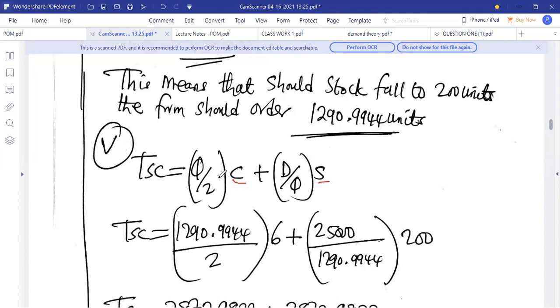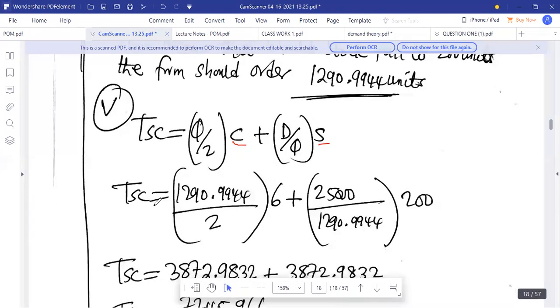The first part is annual carrying cost. Then the second one is the annual ordering cost. So our total stocking cost is equal to 1,290.99, which is the EOQ. So this one is the EOQ.